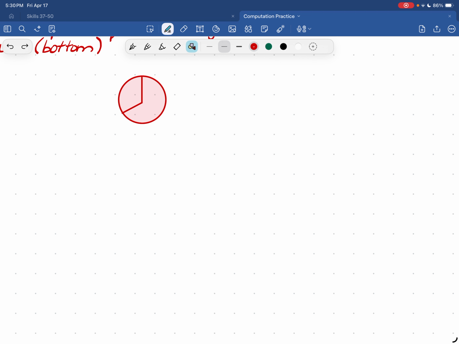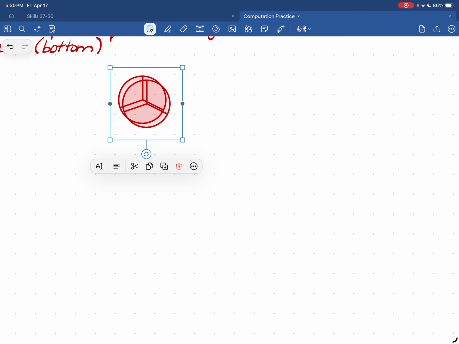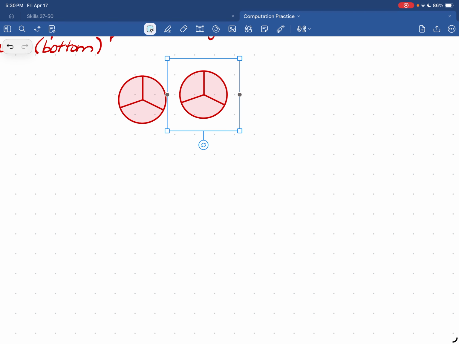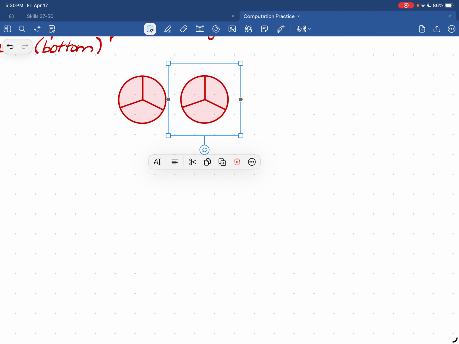So pretend that mine are equal. I can already tell you they're not. So it's hard for me to draw on this thing and get it exactly right. Pretend that that's an equal division. And then I'm going to make a copy of that so that we have two of those identical circles.